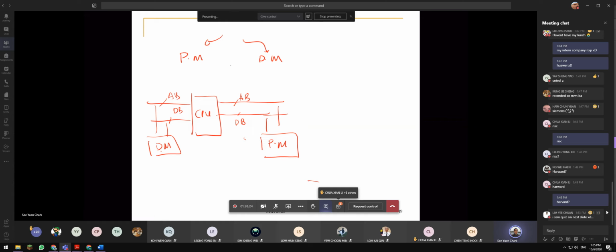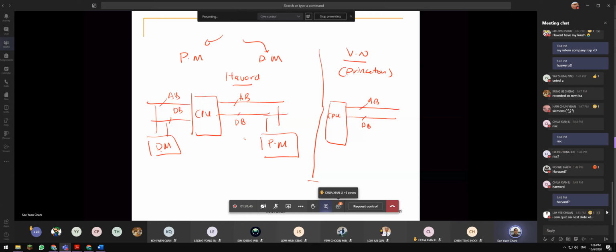This is inside the CPU. But this is Harvard architecture. The von Neumann architecture, or Princeton, is another name, the older version of architecture. So the CPU basically shares the address bus and data bus to the data memory and the program memory.